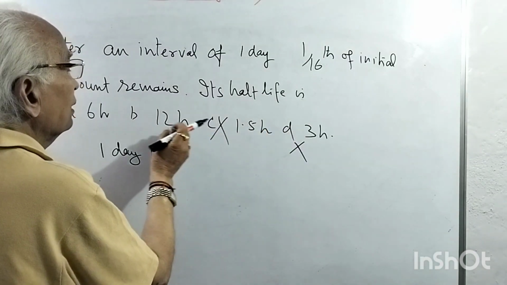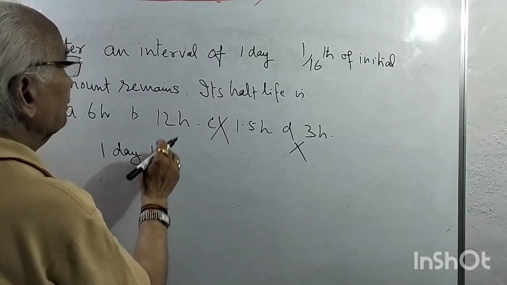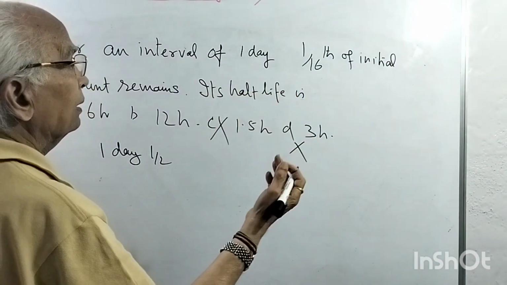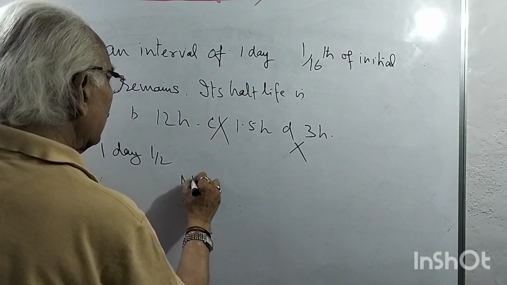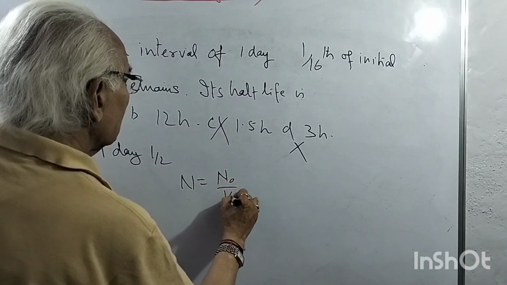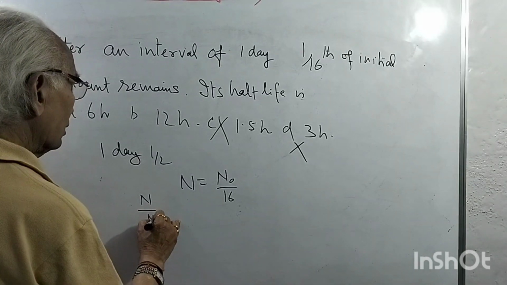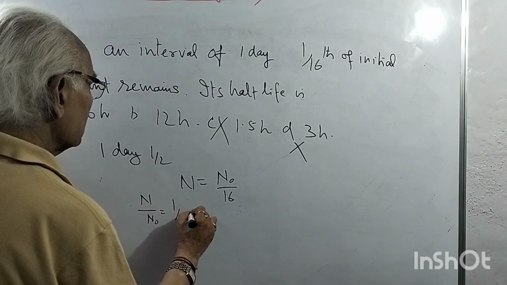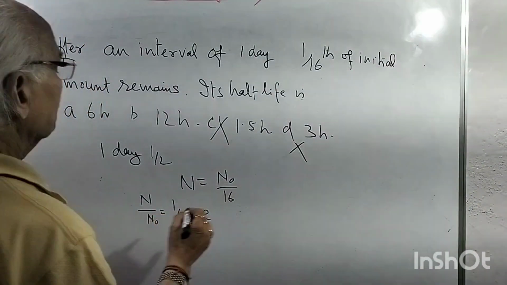But it is 1/16th of initial, which means n is equal to n0/16. So n over n0, 1/16, is e to power minus lambda t.